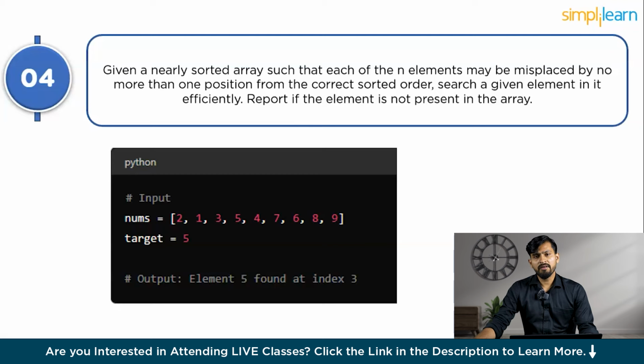So guys, given a nearly sorted array such that each of the n elements may be misplaced by no more than one position from the correct sorted order, search a given element in it efficiently. Report if the element is not present in the array. An element at index i in a correctly sorted order can be misplaced by plus minus 1 position. It can be present at index i minus 1 or i plus 1 in the input array.